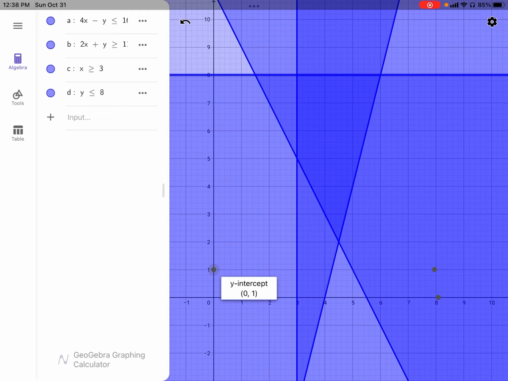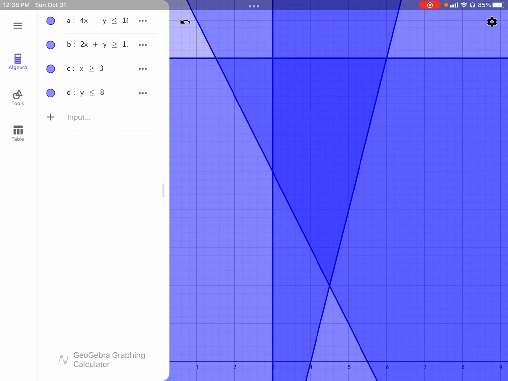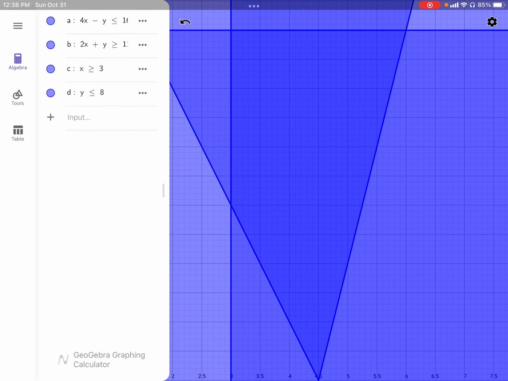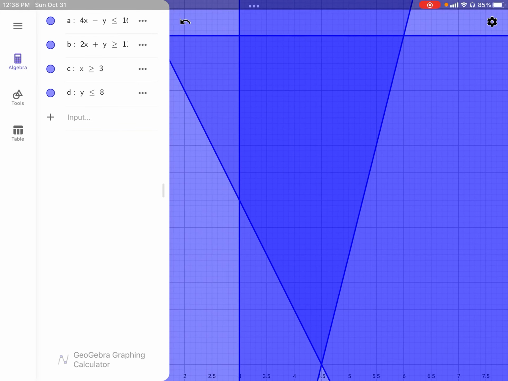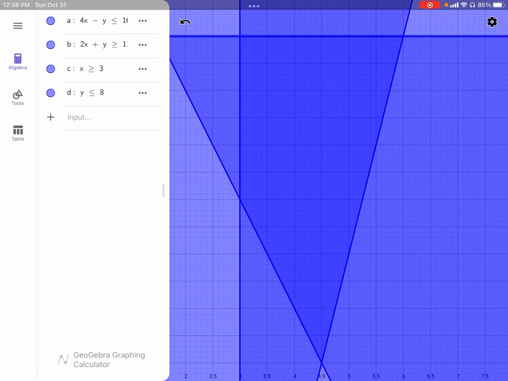That's okay. Ignore those dots. They must be there from something previous. All right. So I can see the region if I zoom in right here where it's shaded completely. It's this quadrilateral type looking figure there.